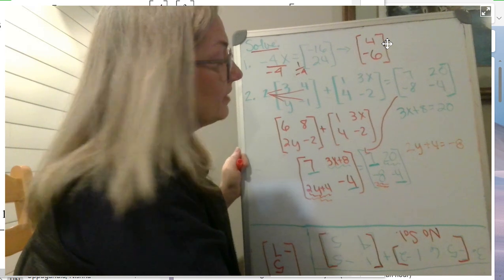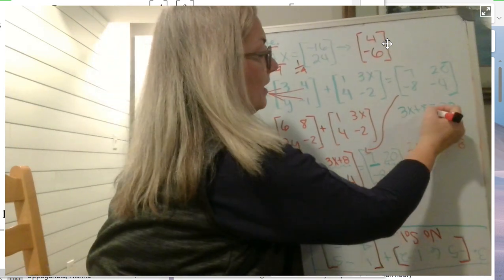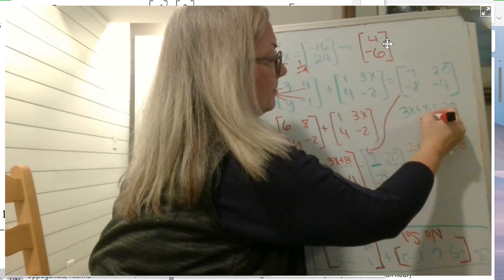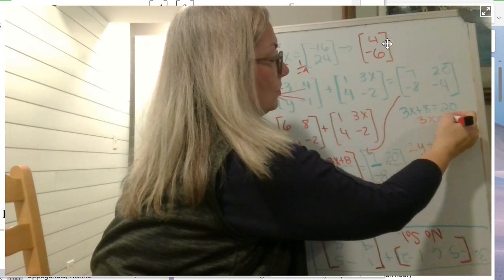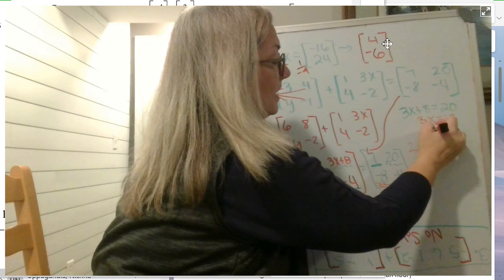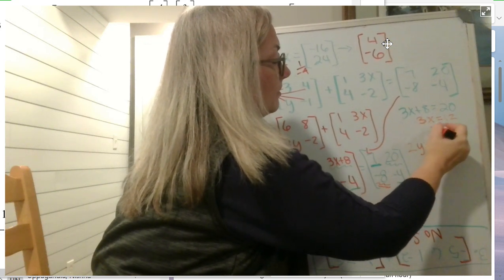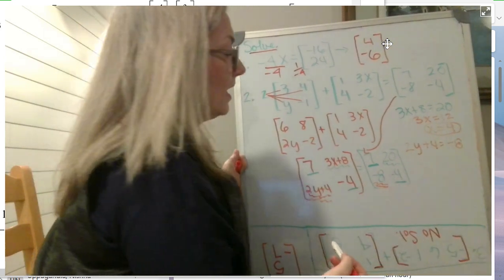Now, with this said, I've got two equations, an x equation and a y equation. If I solve this, I would subtract 8 from each side. So 3x is equal to 12 and x equals 4 when I divide by 3. There's the y.